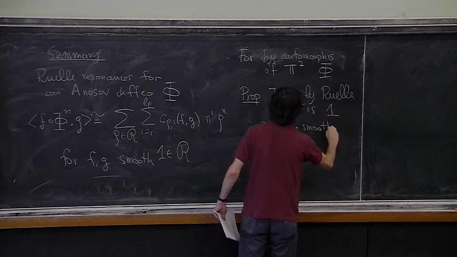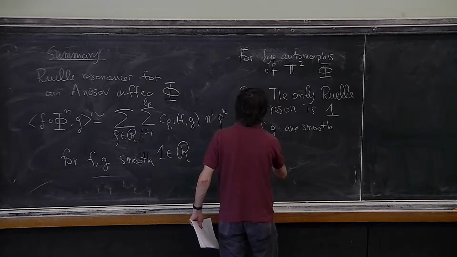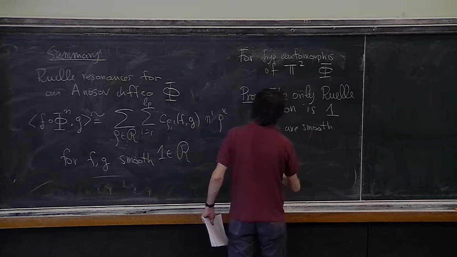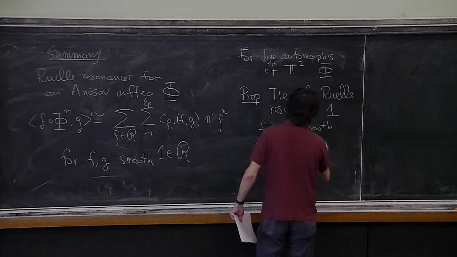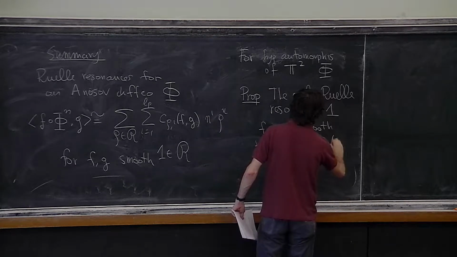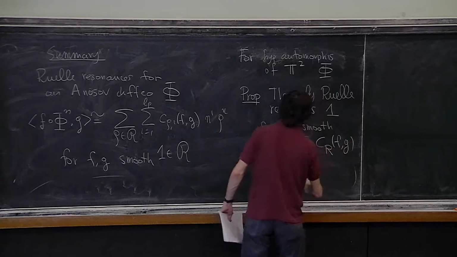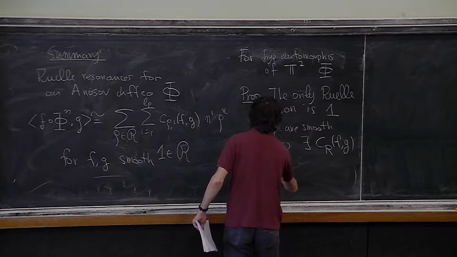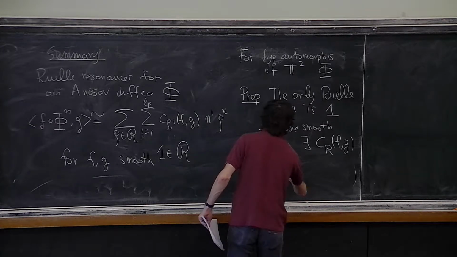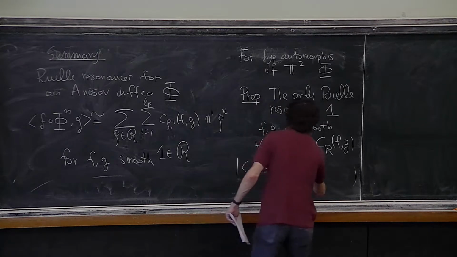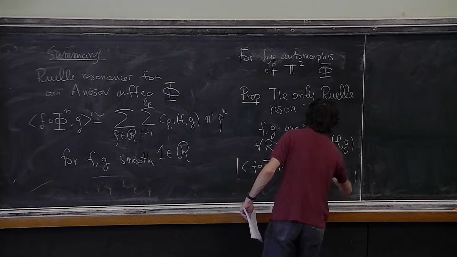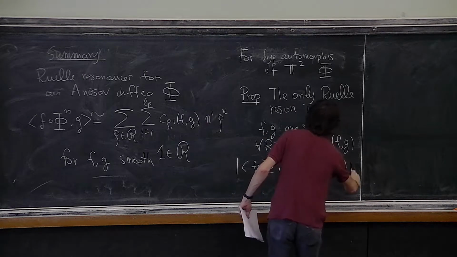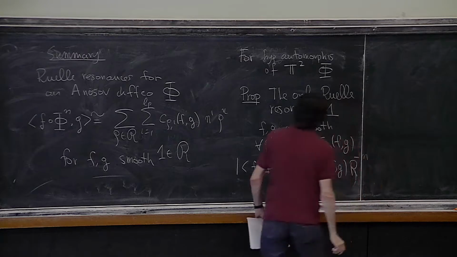in this case, then for every r positive, there exists some constant that depends on f and g, such that the size of the correlation is less than this constant times n to the power minus r.